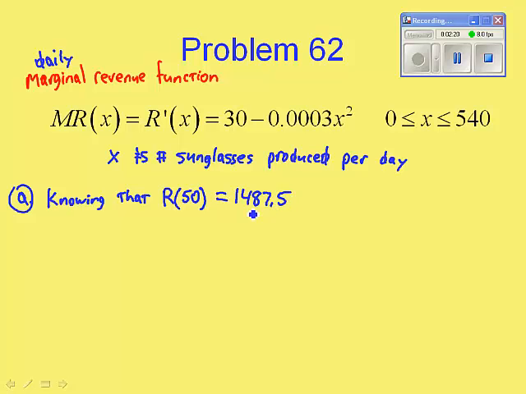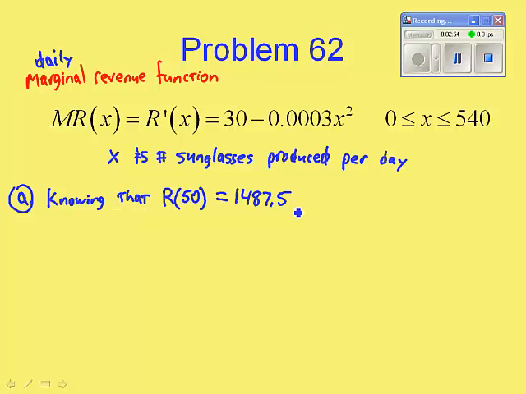I guess my first question is, what does that mean? If they produce 50 sunglasses at their factory, they're going to get $1,487.50 in revenue. What do they charge? I wouldn't get that, I guess. But that would be the revenue that they'd make for 50 sunglasses, right?